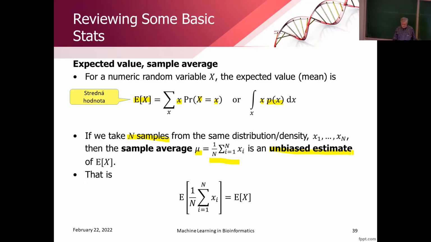I'm thinking about that because we will look at variance in the next slide, and there is a difference. So the expected value for the sample average equals the expected value of the random variable, even without n going to infinity. Therefore, it is an unbiased estimate.